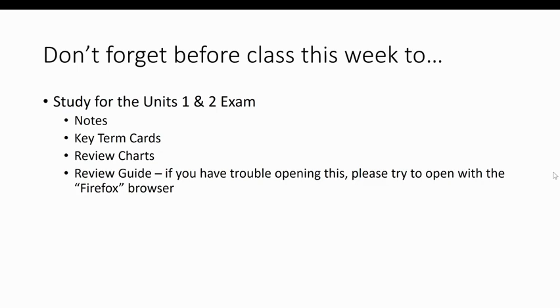Okay, before we begin, don't forget that before you come to class this week, you need to be studying for the Units 1 and 2 exam. Remember, that's chapters 1, 2, and 3. Chapter 1 is on Native Americans before the discovery of the New World by Columbus and Europeans.